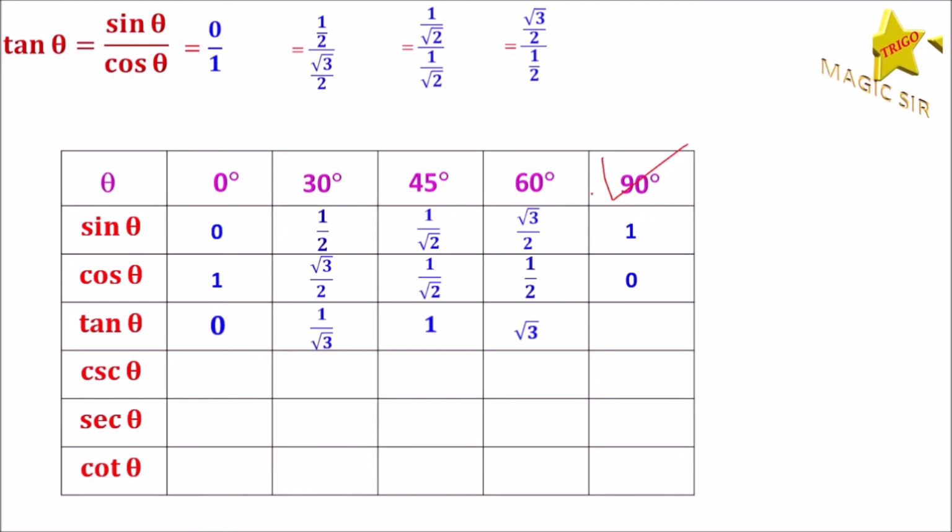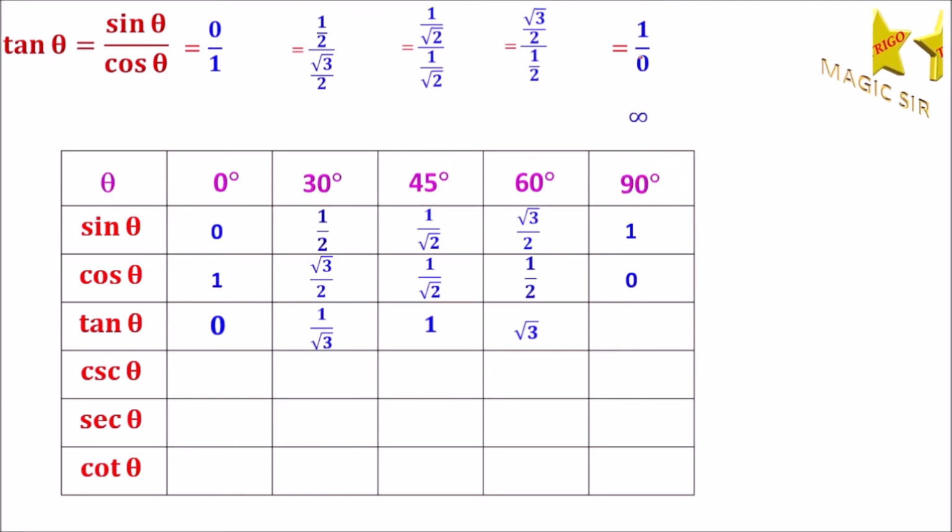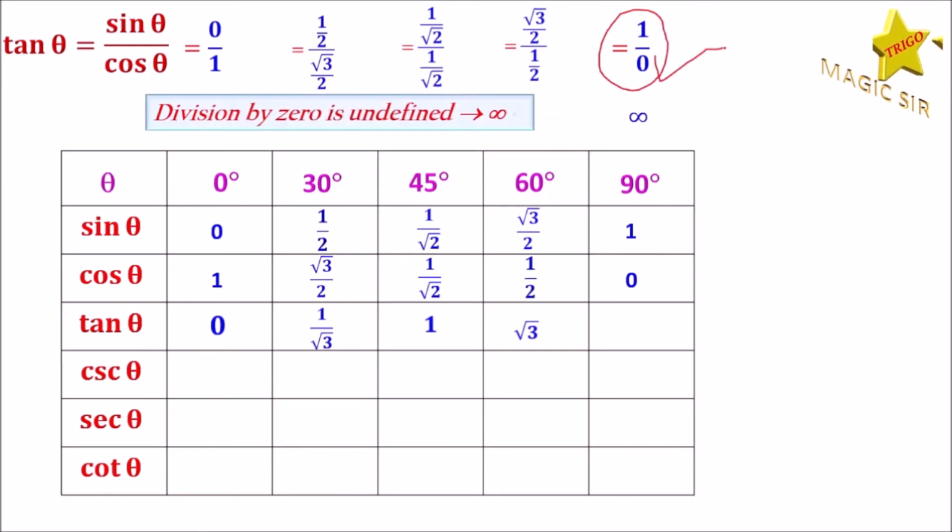Now for 90 degrees angle, sin theta is equal to 1 and cos theta is equal to 0. And we know that 1 upon 0 is equal to infinity because division by 0 is undefined.